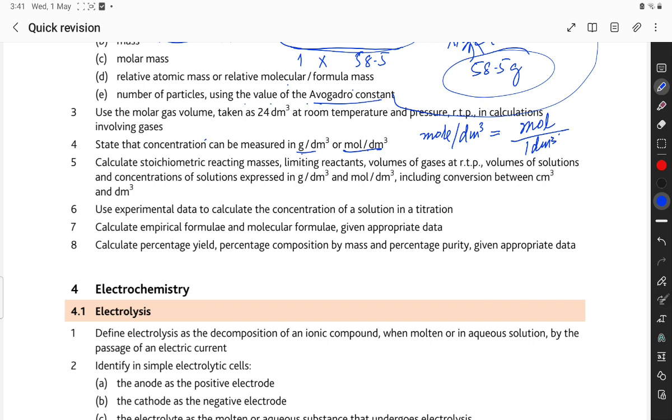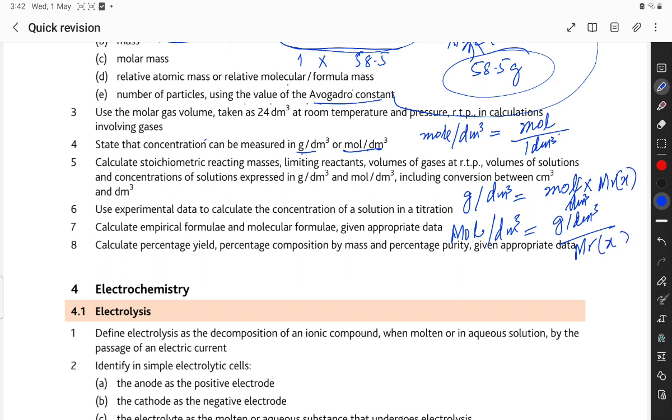Gram per dm cube is equal to mole per dm cube into Mr. So if you are asked to convert gram per dm cube into mole per dm cube, the answer is gram per dm cube over Mr of the given compound, whatever the compound is, Mr of X, any compound.